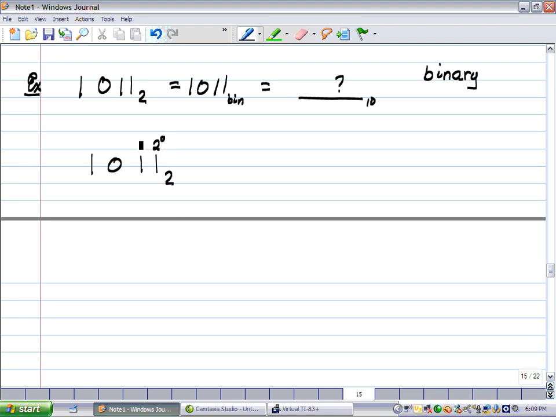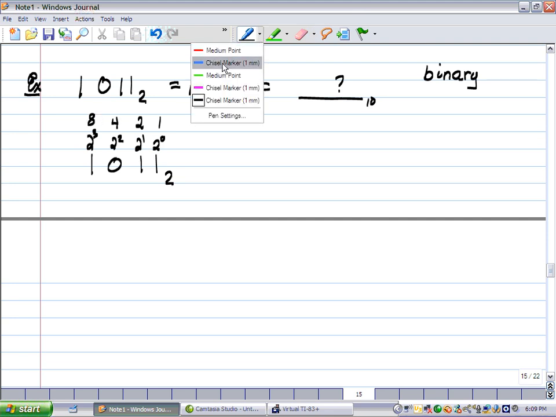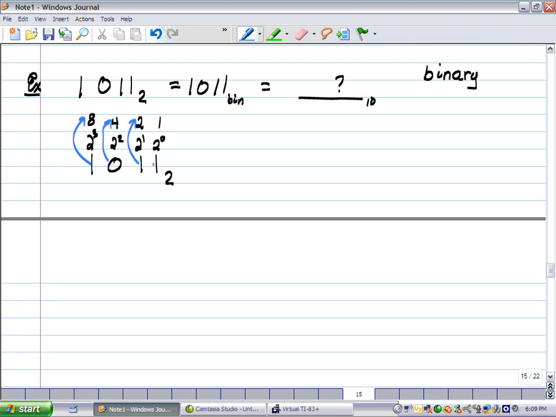So if you like using the powers, 2 to the 0, 2 to the 1, 2 to the 2, or 2 to the 3. Or 2 to the 0 is 1, 2 to the 1 is 2. Now multiply 2 times 2 is 4, 4 times 2 is 8, so on. So we're going to multiply each number by its place value. So 1 times 8 plus 0 times 4, plus 1 times 2, plus 1 times 1.